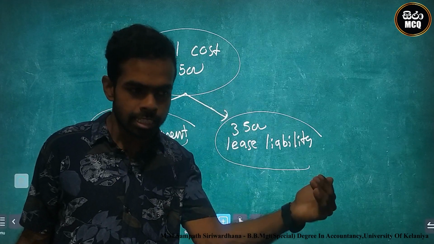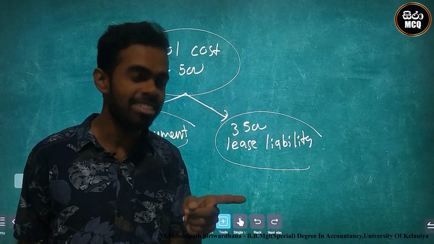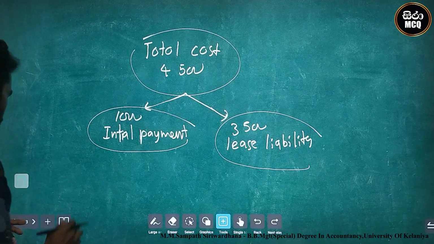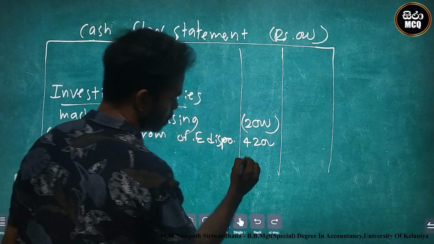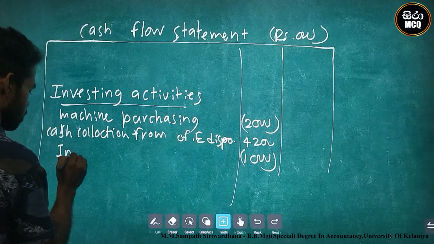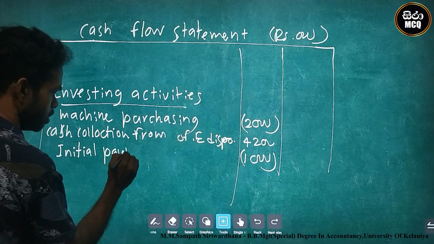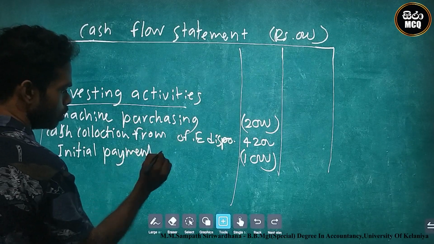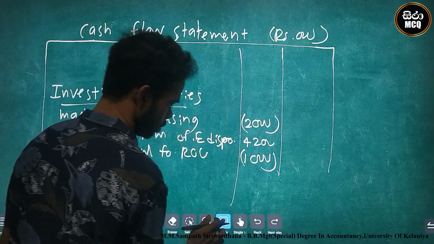That is a cash outflow. Therefore we can identify the 1,000 as a cash outflow, the initial payment for the ROU, right of use asset.